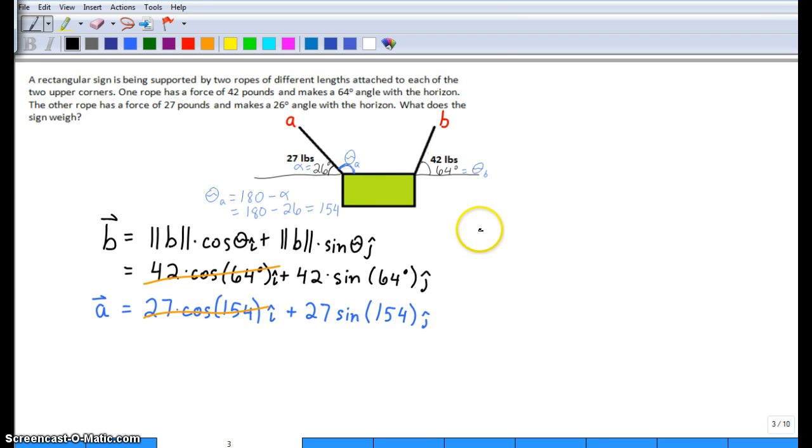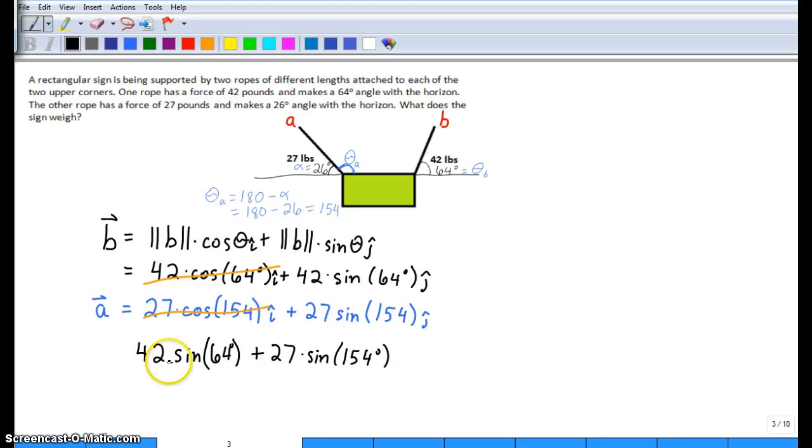So we're going to take 42 sine of 64 degrees plus 27 sine of 154 degrees, and that should give us the total amount of force in the y direction, and it's the y direction because gravity pulls us straight down.